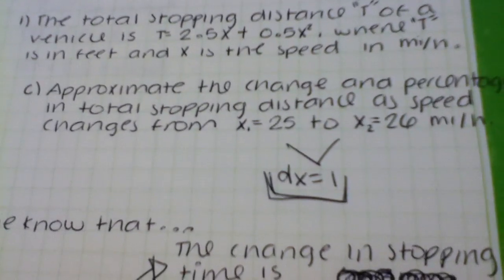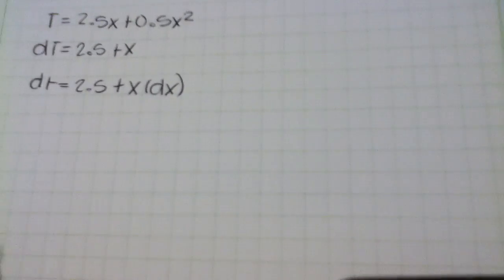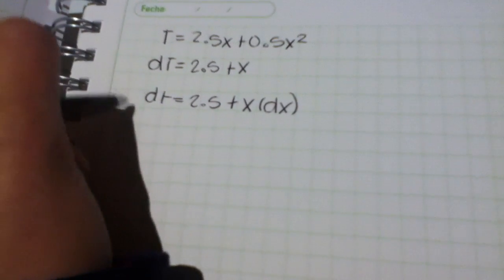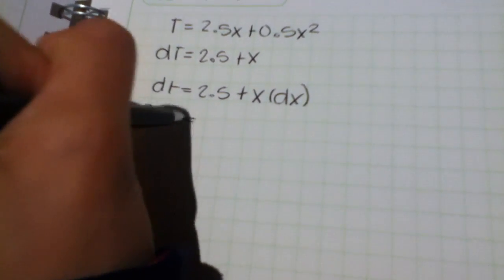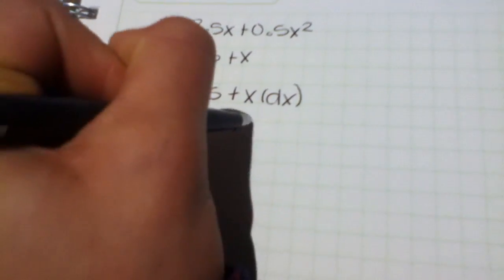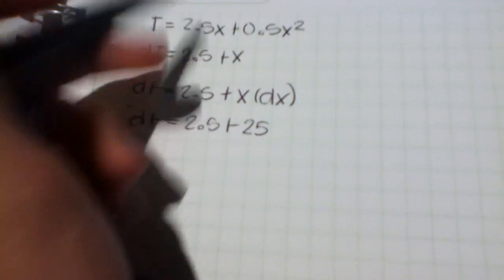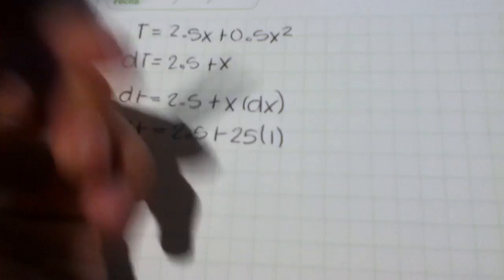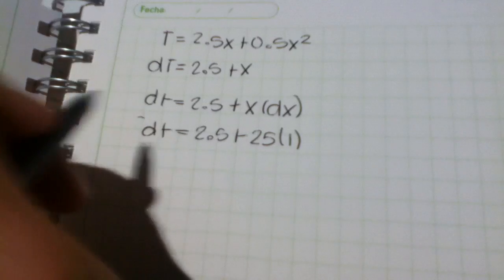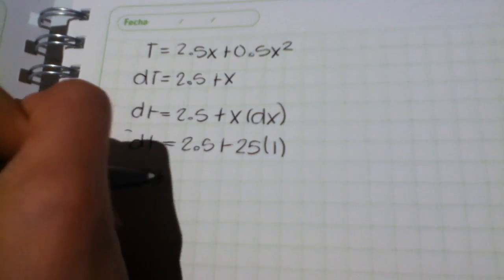So it is correct. Now we're just going to substitute this equation, which is dt equals 2.5 plus x, which is 25, because it was our first x, times dx, which means the change in the speed, and that's it. Now we're just going to solve it.